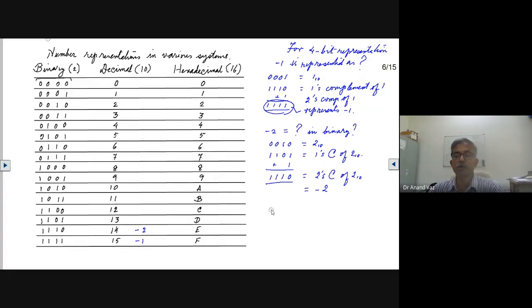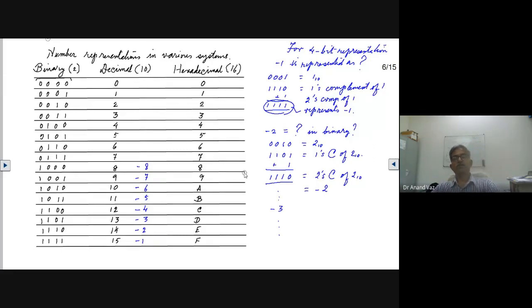If you do this for minus 3, minus 4 and so on, you keep on doing this, you will find that you will get patterns like this: minus 3, minus 4, minus 5, minus 6, minus 7 and minus 8. I'm going to stop at minus 8.